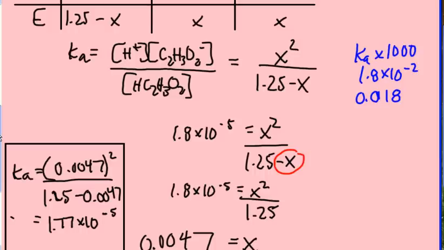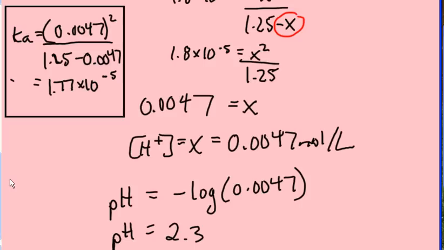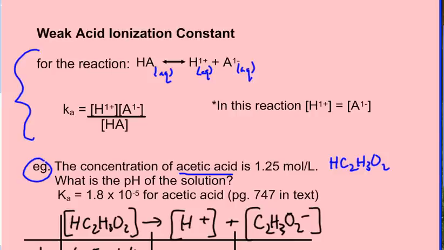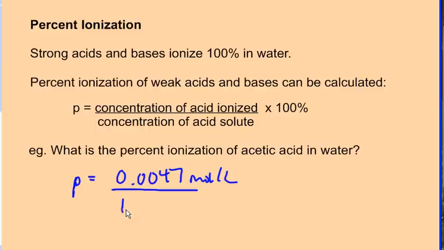So x is the concentration of the ionized ions. So that was 0.0047 moles per liter. We're going to divide that by the concentration of the acid that we put in there in the first place, which was 1.25 moles per liter, and multiply that by 100.